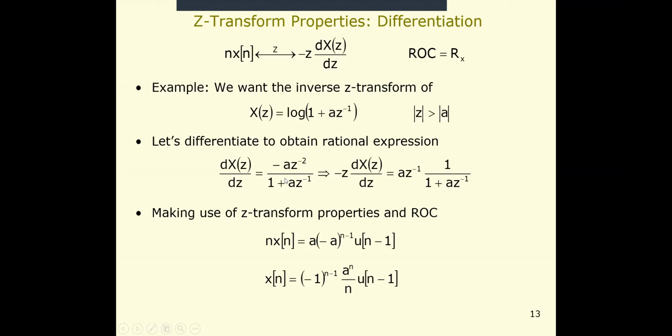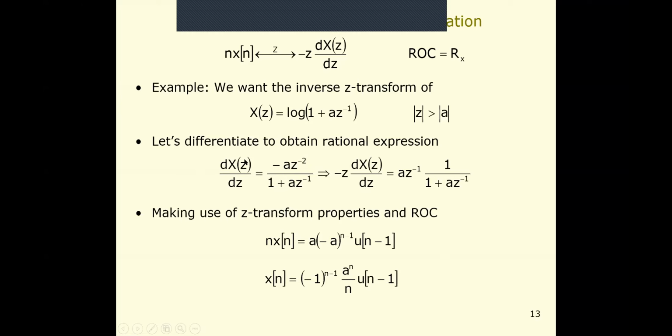Now, if we multiply both sides of this equation by minus z, what will happen? This becomes minus z dX of z by dz, and this one will be as follows, okay?